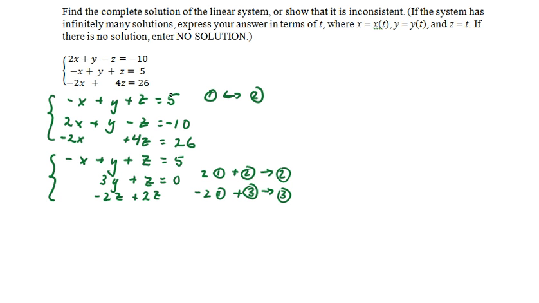And we'll have negative 10 plus 26 is 16. Now, our next step is to eliminate, and I do see I miscopied y as z in this equation, so I'm just going to fix that before we proceed.